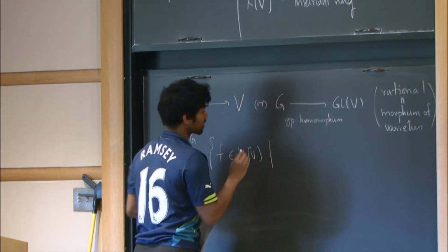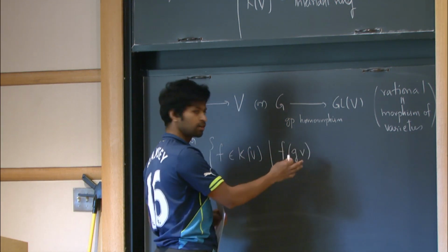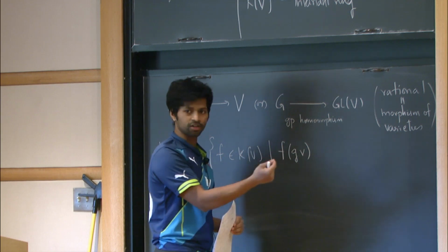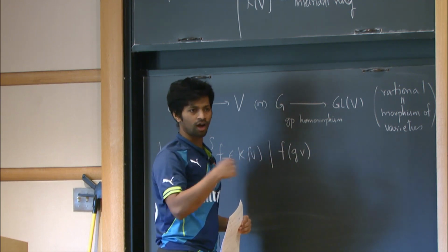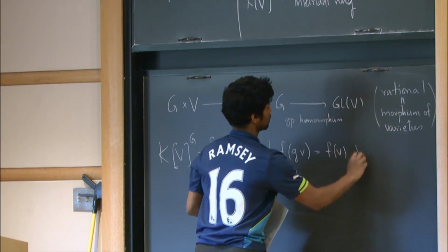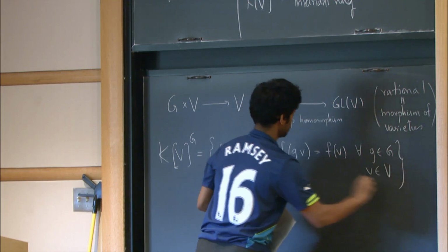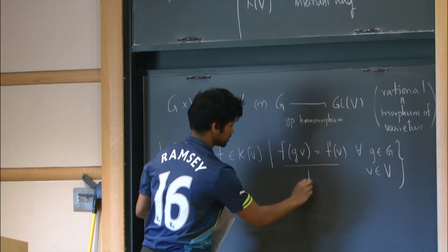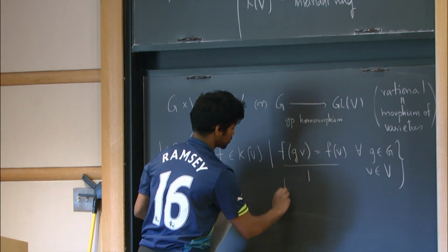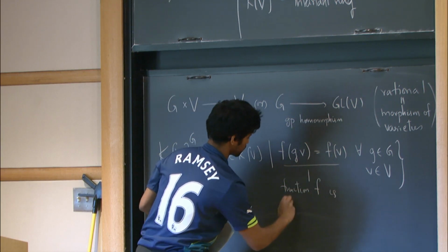which are invariant. And what does invariant mean? It means it shouldn't be able to detect whether you're taking its value at a point or whether you take the value after applying a group action. So for all g in G, v in V. Another way of saying this is that this is the same condition as saying that my function f is constant along orbits.